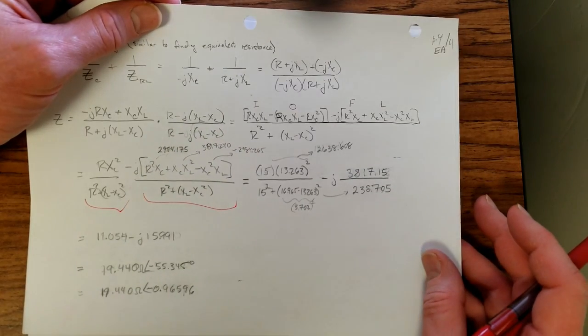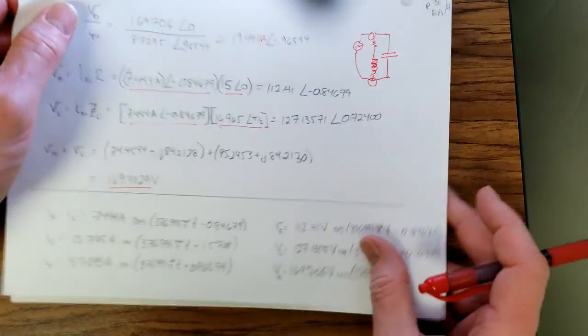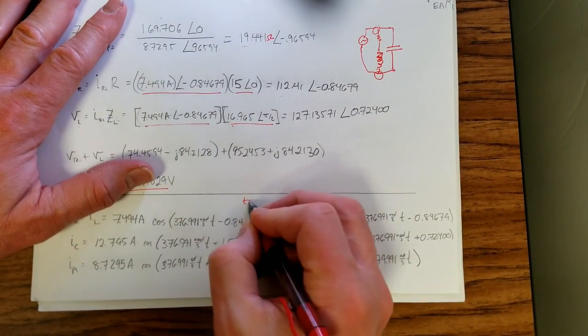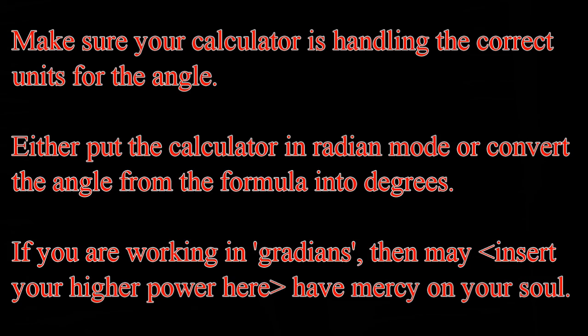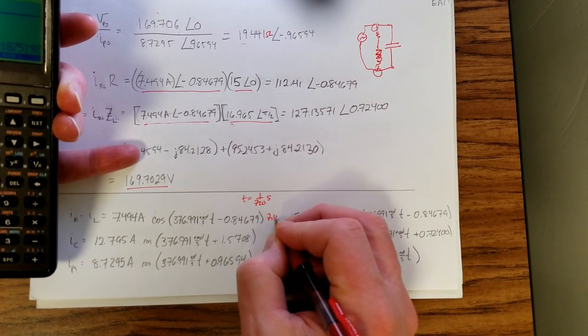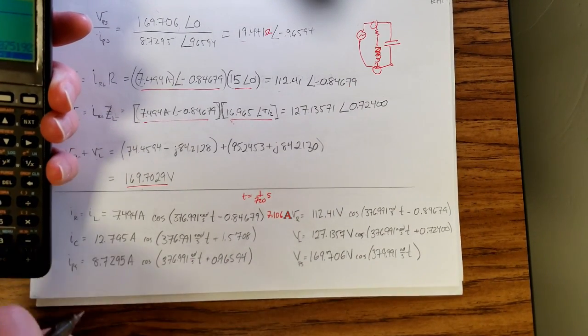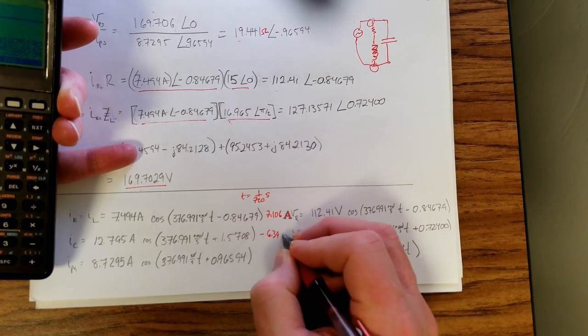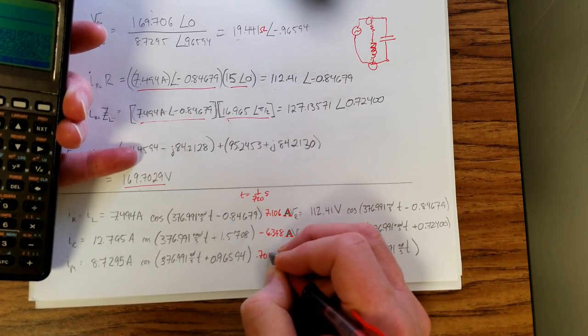We should probably also check. So let's do a quick check. So let's pick a time of 1/720 and make that seconds. And I got 7.106 down here, negative 6.398, 0.709.